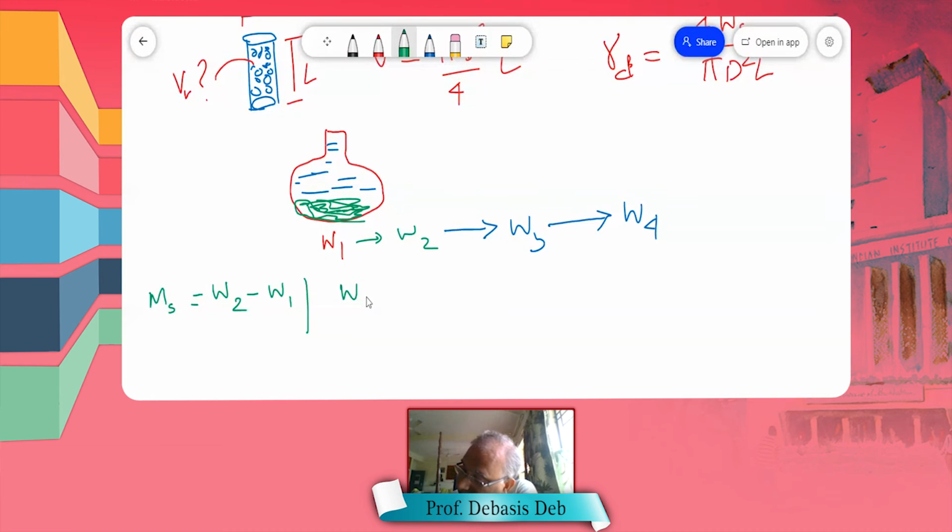W4 minus W1. What is it? W4 minus W1 is the weight of water, complete, filling the entire bottle, right? Then minus W3 minus W2.